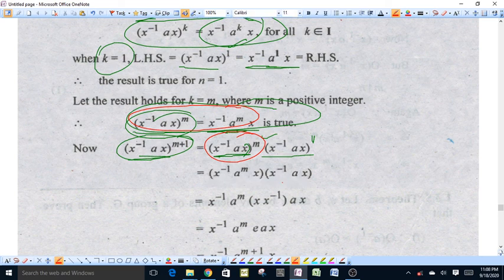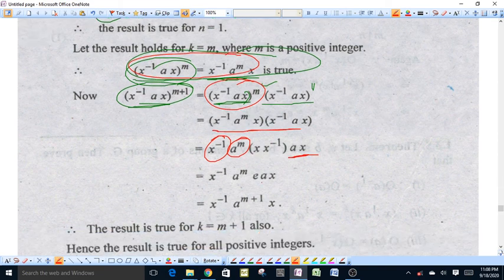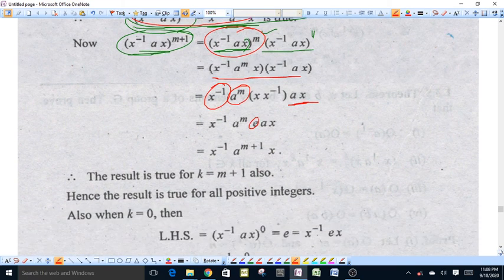By using associative law, x inverse a raised to power m into x x inverse a x, this can be written in this way, but x into x inverse is equal to e. Again, e into a will be equal to a, and a raised to power m into a will be equal to a raised to power m plus 1.